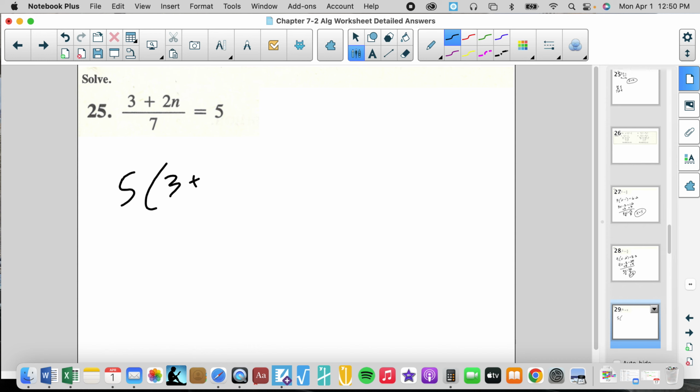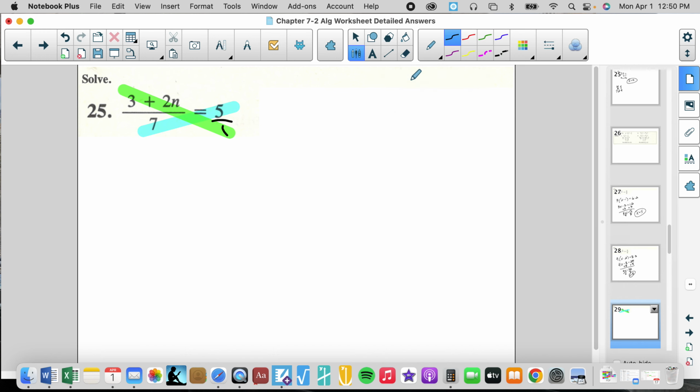5 times 3 plus 2n equals, no, making sloppy, over 1. So cross product would not be 5 times, it's going to be 1 times the quantity 3 plus 2n and 5 times 7.